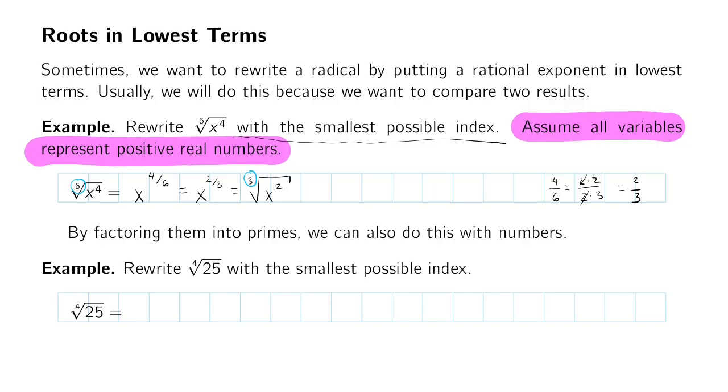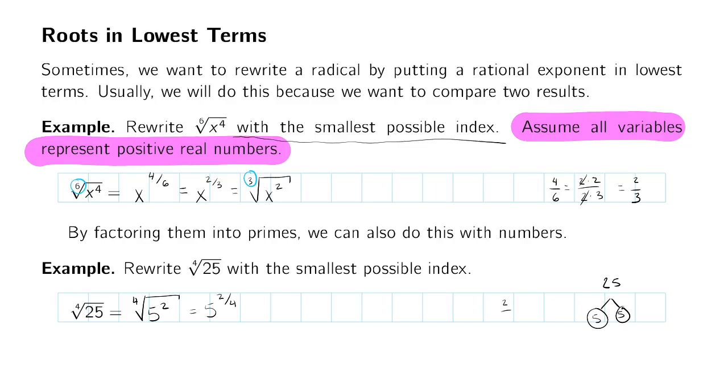Now, with variables, it's easy. With numbers, we have to first factor into primes. So 25 factors as 5 times 5. Here we have the fourth root of 25. That's the fourth root of 5 squared. With rational exponents, that's 5 to the 2/4.